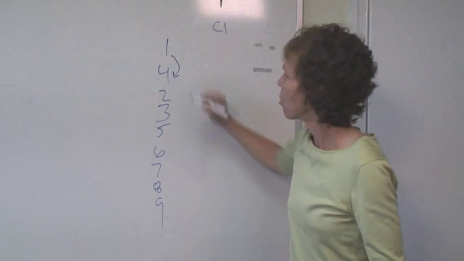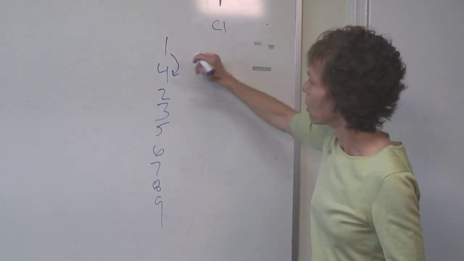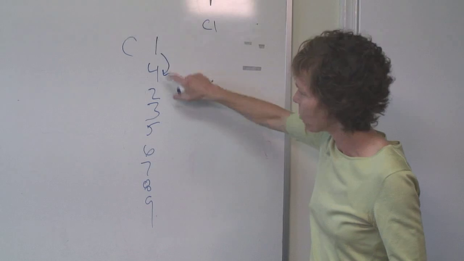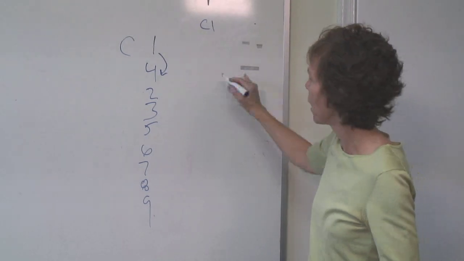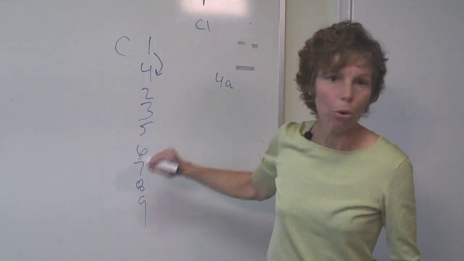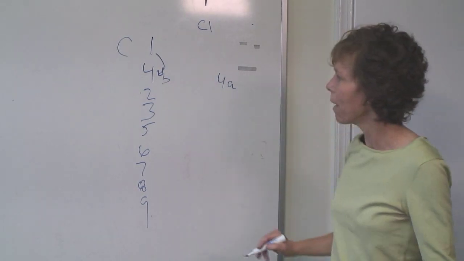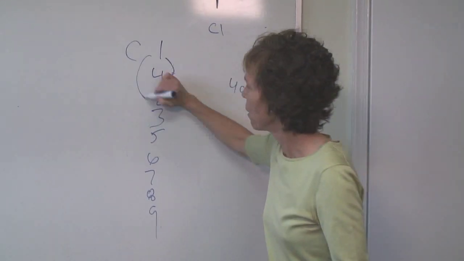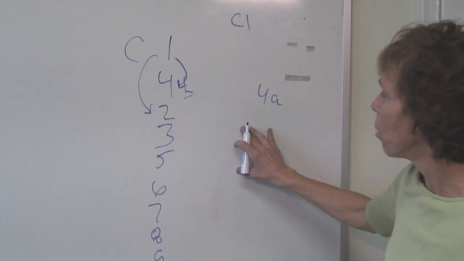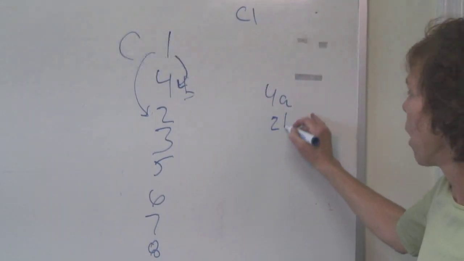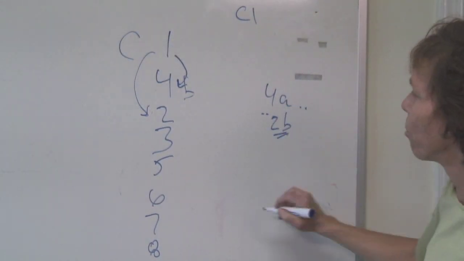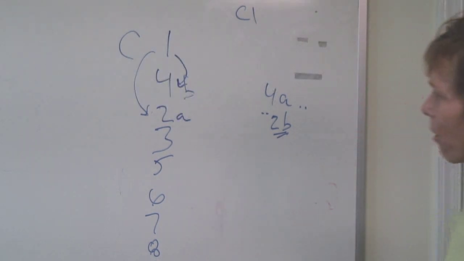So, okay, you get the C1, and essentially you split this, and it comes off here to C4a, and this is C4b, all right? And then you also get a split here into, this is kind of the oddball, C2b over here, and this is C2a, all right?